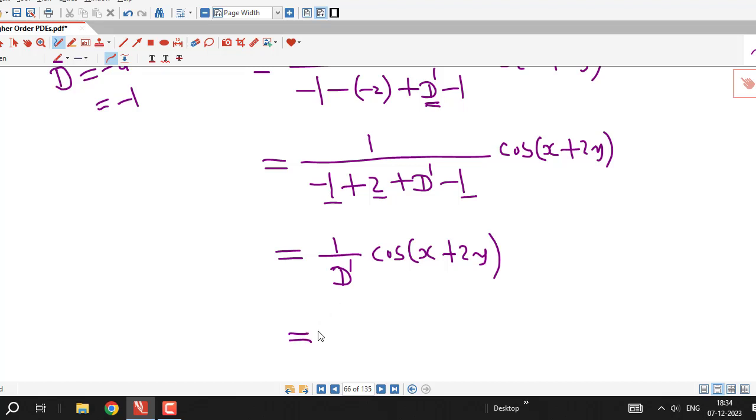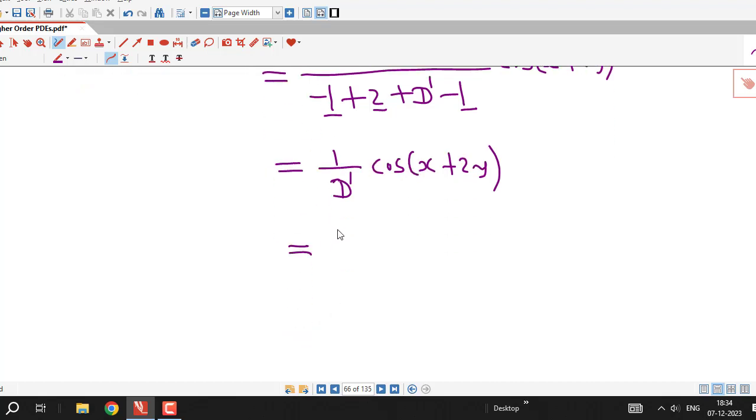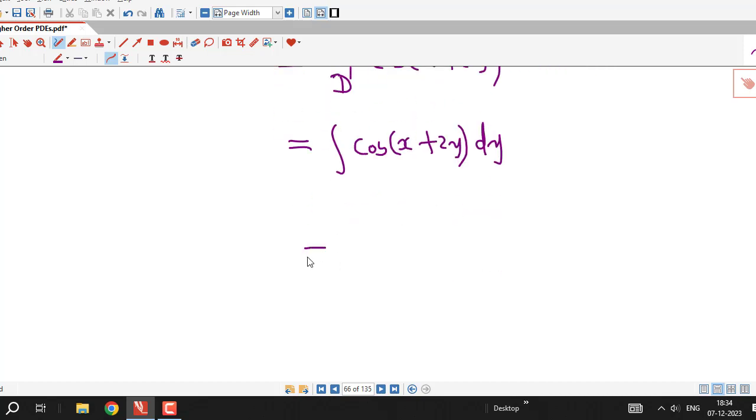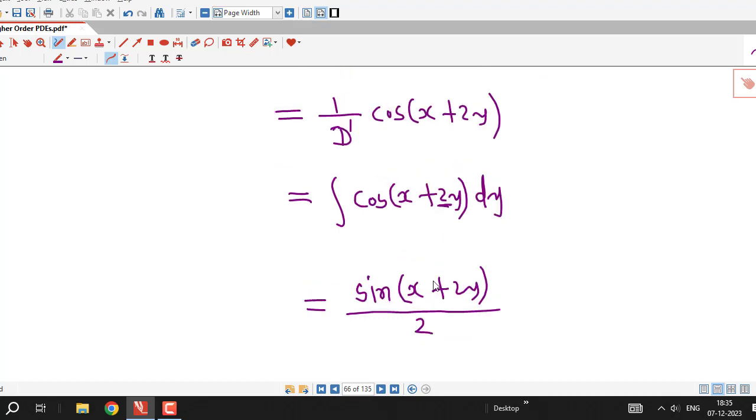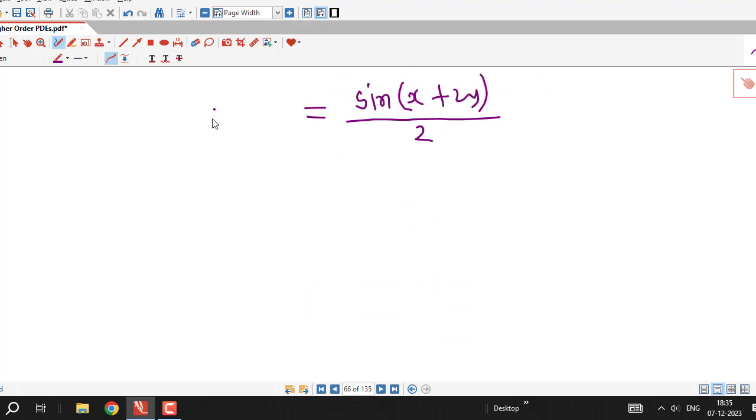Now D dash stands for partial derivative with respect to y, therefore 1 over D dash stands for integral with respect to y considering x as constant. So integral of cosine function is sine function, and x is considered as constant, and we have to divide by coefficient of y, which is 2. So this is the particular integral of given non-homogeneous equation. Therefore particular integral is this.